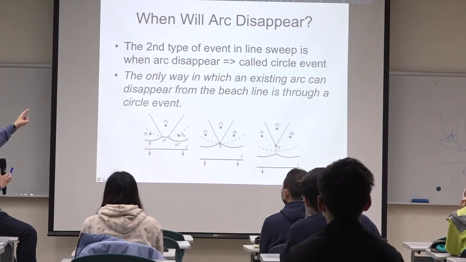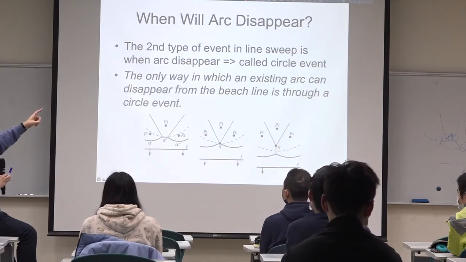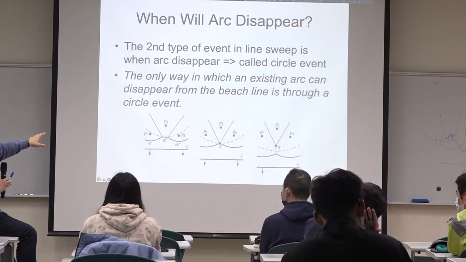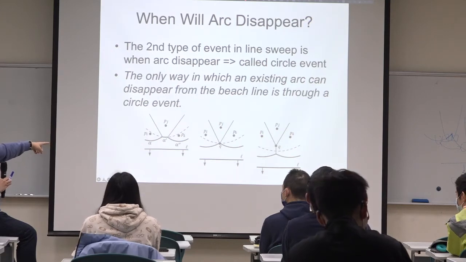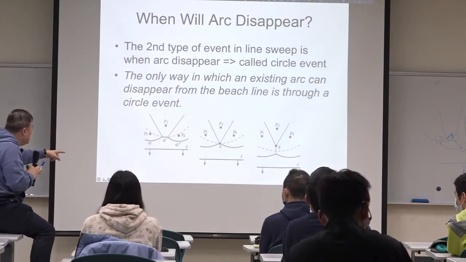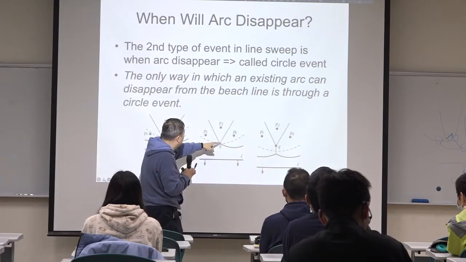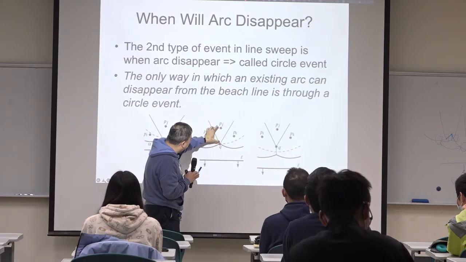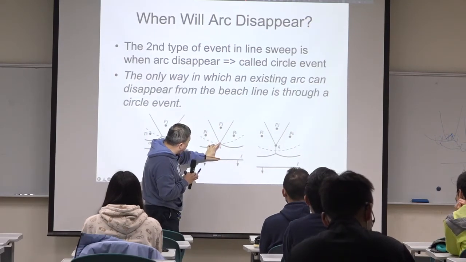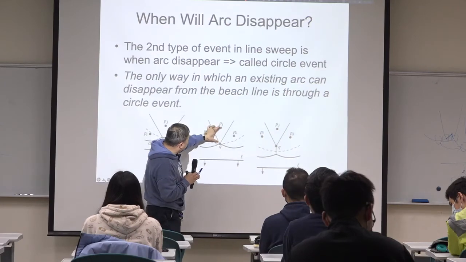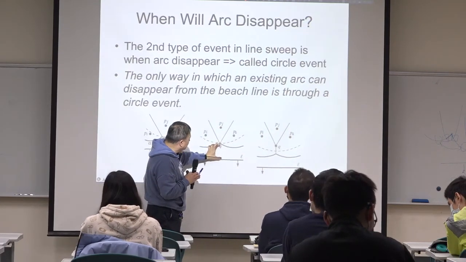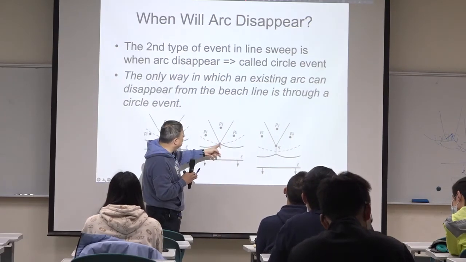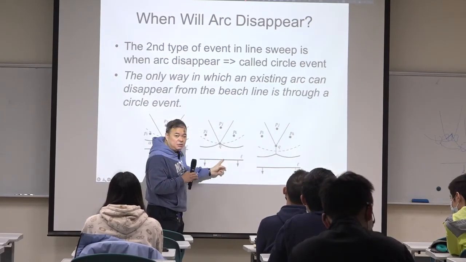Because we have three points, when we have the three sites for the consecutive arcs, then we know exactly when this circle event will occur. Basically, it's the joint location, the center of this circle, and the distance R below the center of the circle.